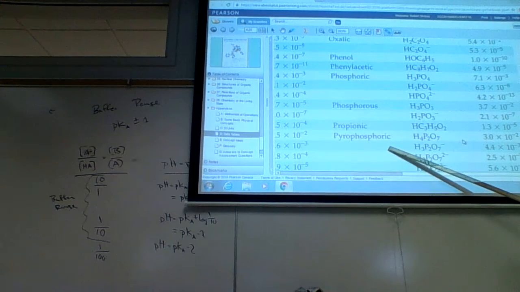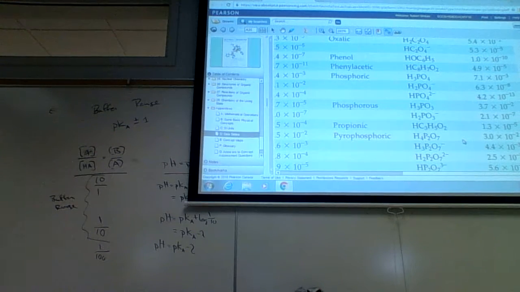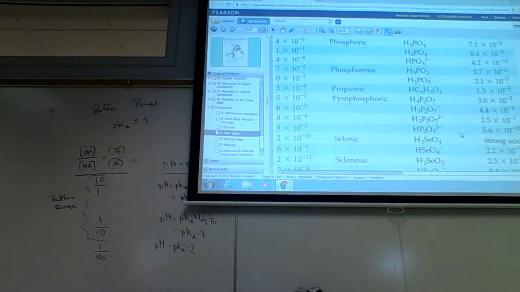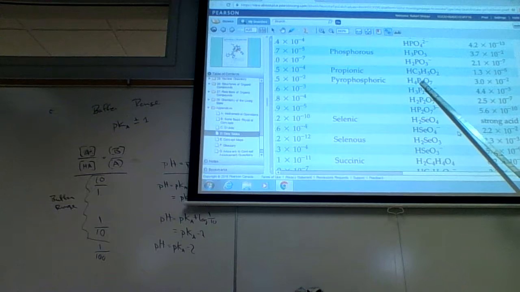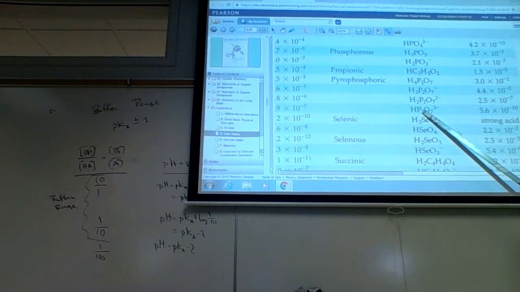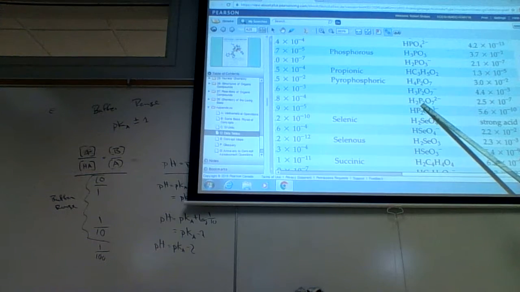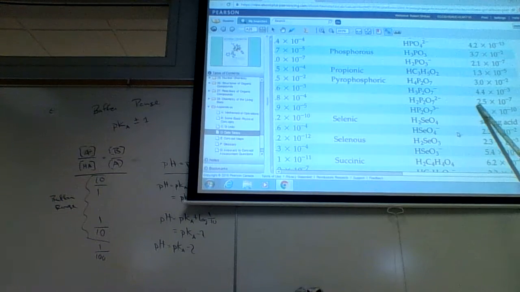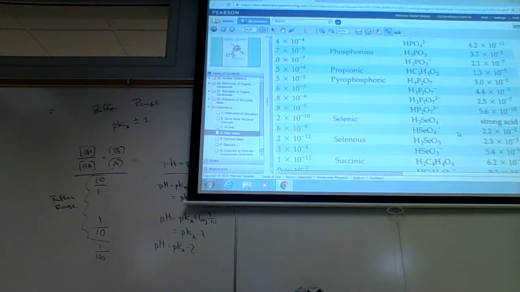This is good too. This is a tetrapyrotic acid. Pyrophosphoric acid. This is going to have K1, K2, K3, K4. But if you look at the dihydrogen pyrophosphate here, it's close. So we could use that, but is pyrophosphoric acid that common? No.